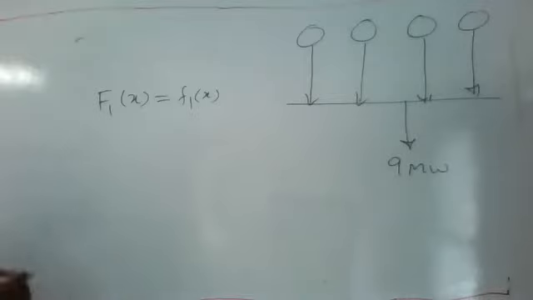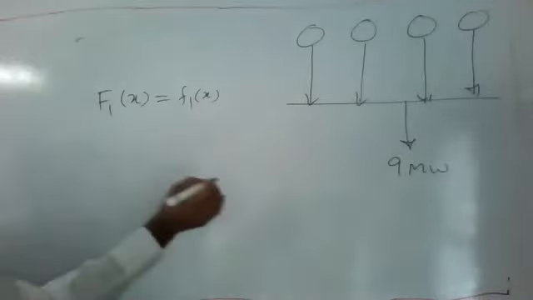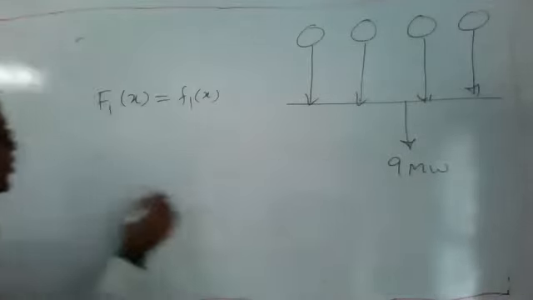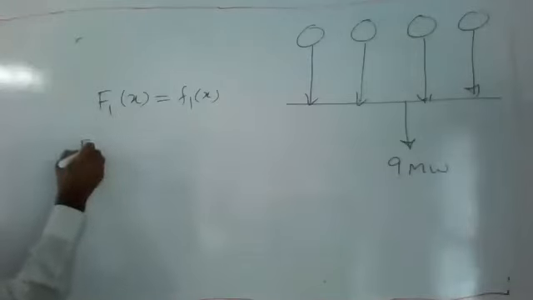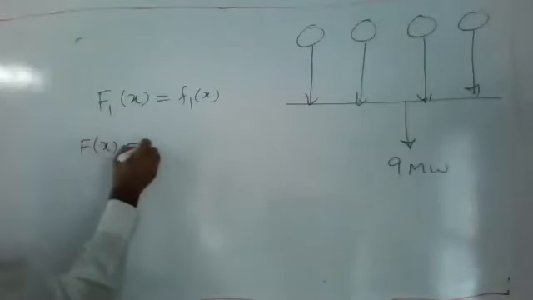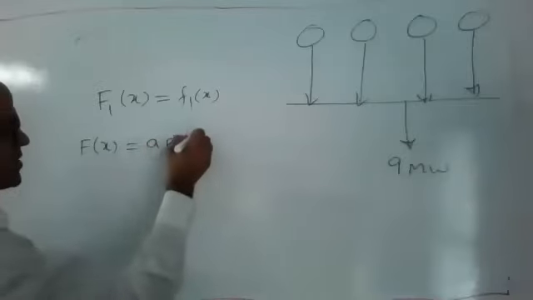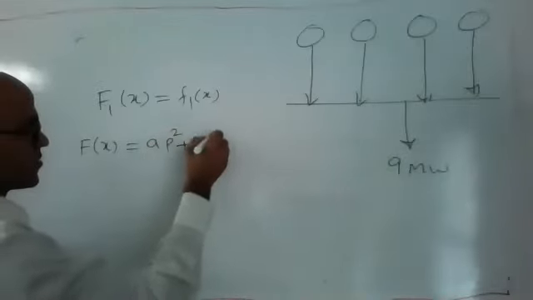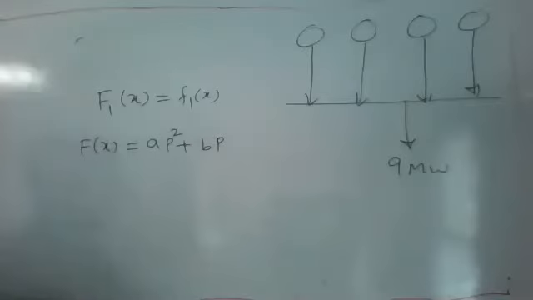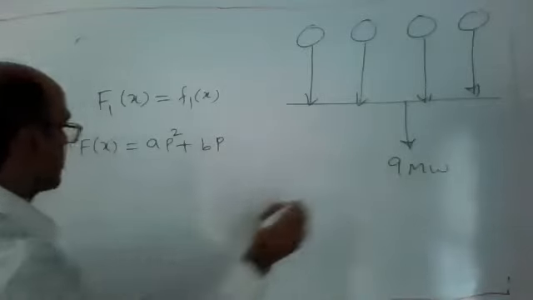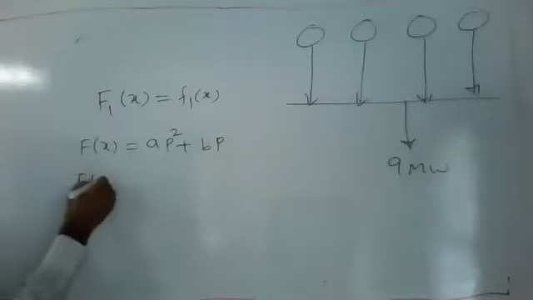We have to satisfy 9 megawatt, so the demanded power is 9 megawatt. What is F1? We know it is A P square plus B P, and P is 9. So what is F1(9)?